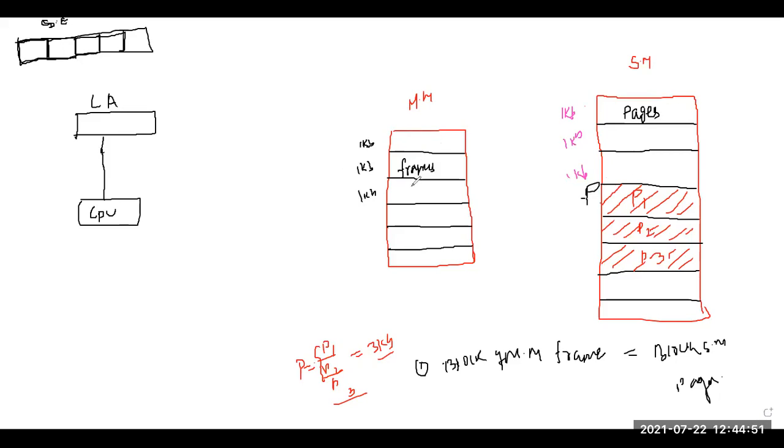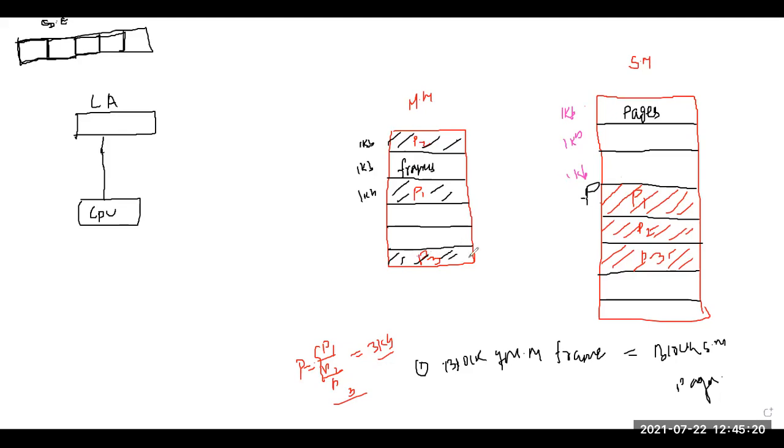Suppose I place P1 here, P3 here, and P2 here in the back block. So the process is stored here. I have reserved one block here, one block here, and one block here.